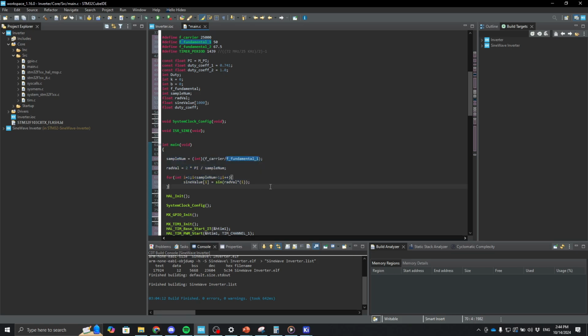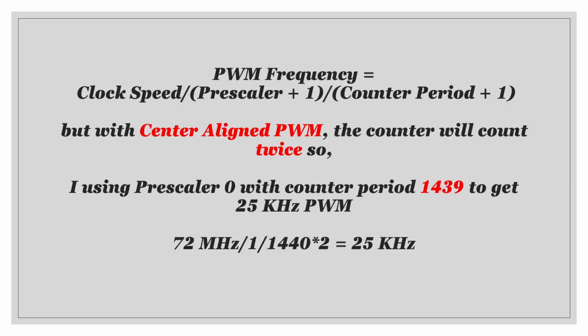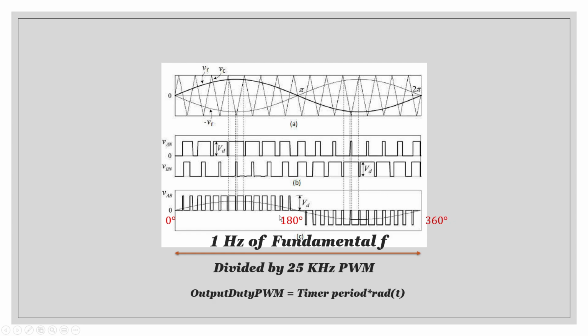So if we go back to the PowerPoint presentation, basically, to modulate the pulse width modulation to generate the sine wave, in this example, from this side until this side, it will be 1 Hertz, and we will divide it into 2.